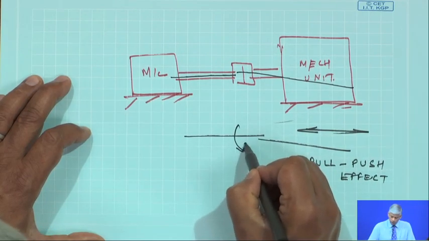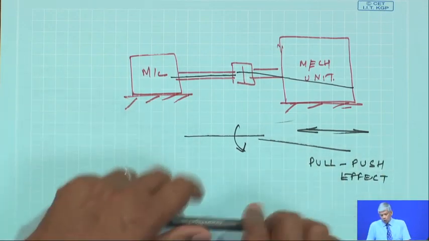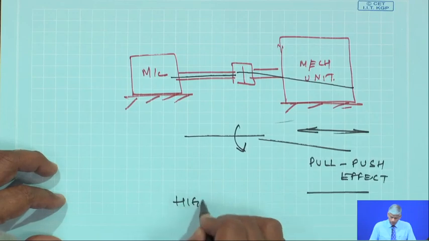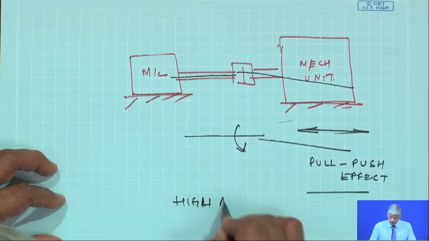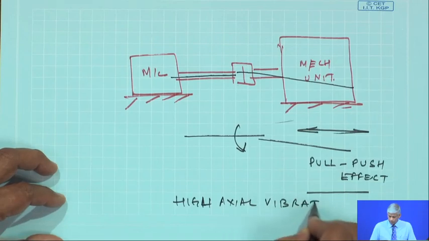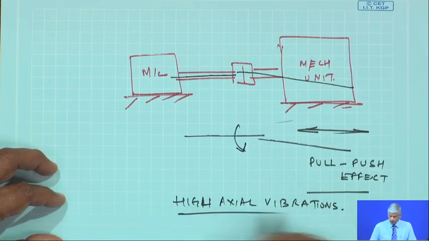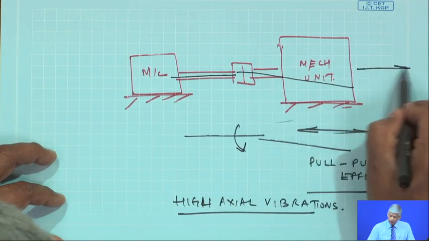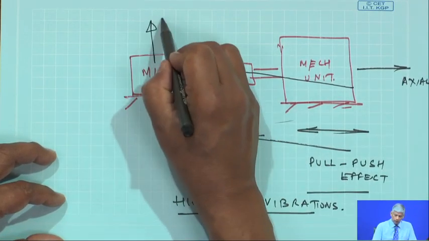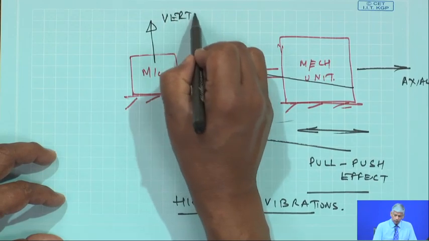Intuitively, you can think shafts are rotating like a cone, pulling, pushing. So, this gives rise to high axial vibrations. In one of the earlier classes, I had mentioned to you that this is the axial direction or the longitudinal direction, and these are the radial directions.